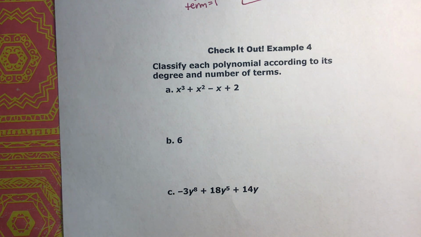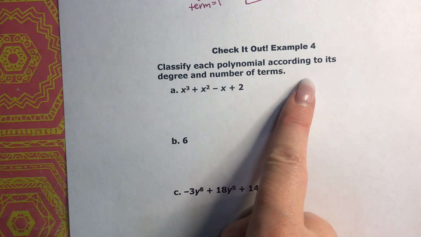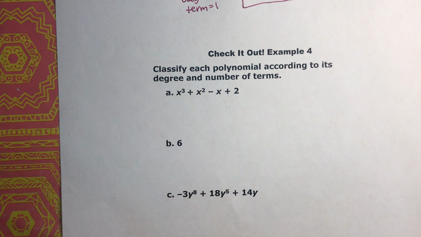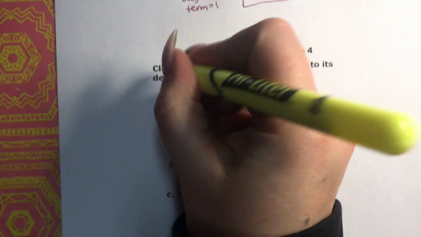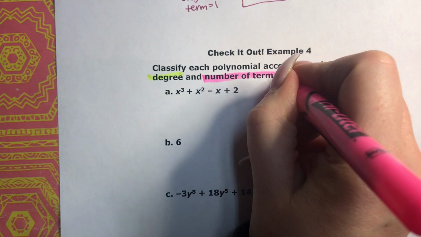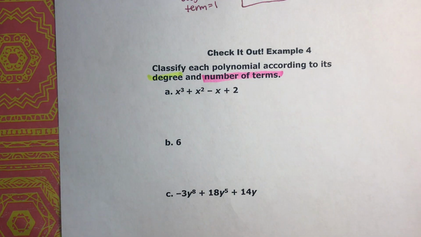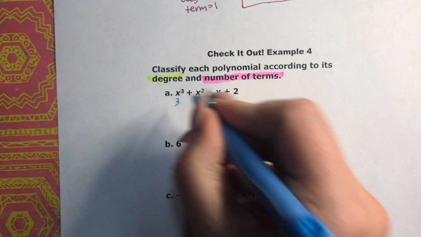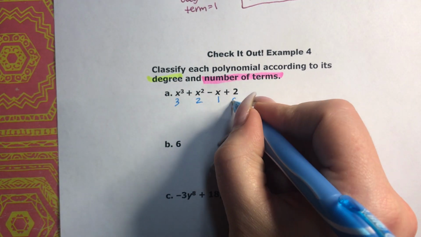Okay, let's see what you did. We need to classify each polynomial according to its degree and number of terms. So we have to find the degree and the number of terms. So let's get started. To find the degree, we have to find the degree of each one of these little things, right? So the degree here is 3, 2, 1, 0.